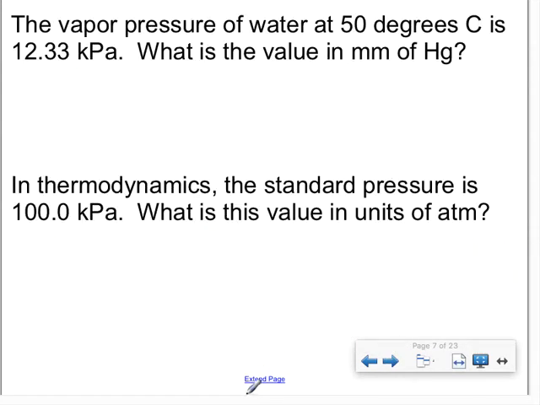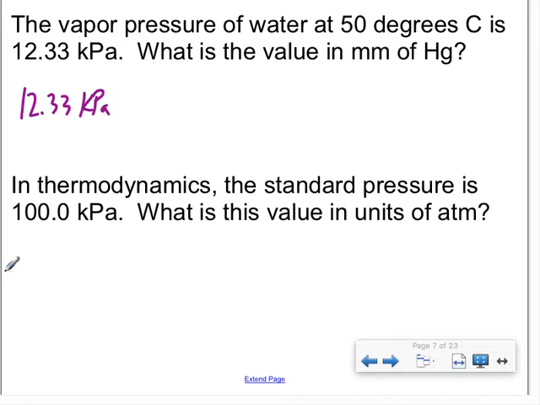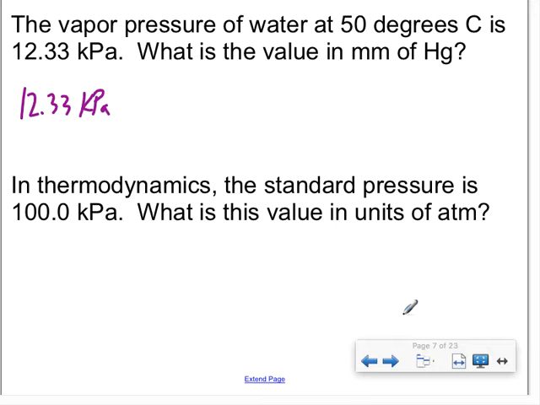All right, the vapor pressure of water at 50 degrees Celsius is 12.33 kilopascals. What's the value in millimeters of mercury? So you start with what you're given. I'm in kilopascals, so I'm going to go back to that table. Sorry, I just forgot what I was doing. Kilopascals and millimeters of mercury. So here's kilopascals. I can get from pascals and then from pascals to millimeters of mercury. So 1 kPa is equivalent to 1,000 pascals.